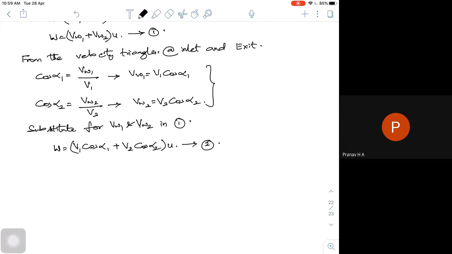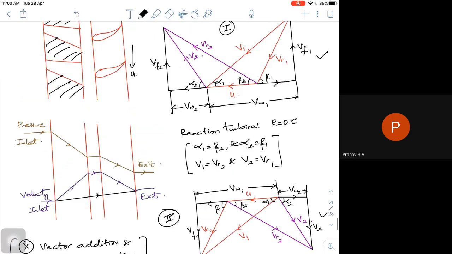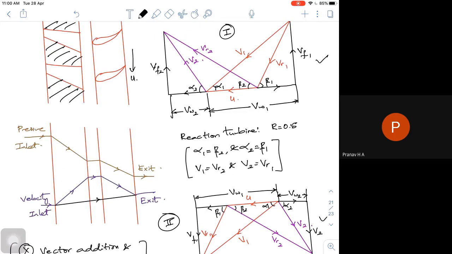Now from the exit velocity triangle, what is cos beta 2?